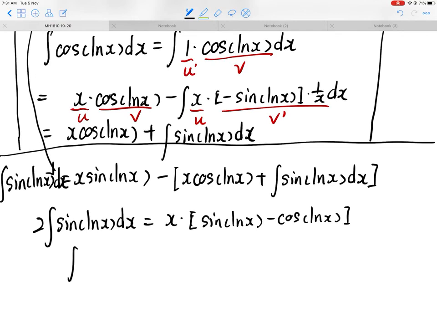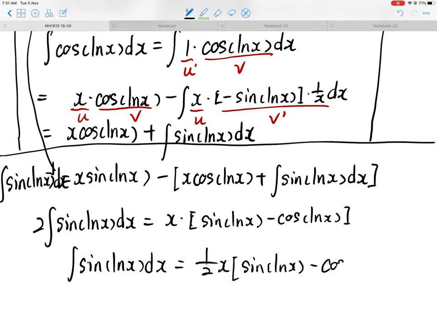So we can get our sine log x integration equals just half x times sine log x minus cosine log x. Okay, plus c.